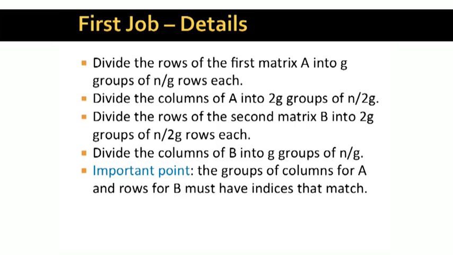The groups of columns of A must each have a set of indices that is the same set as the set of indices for some group of rows of B. That condition will be satisfied if we do the obvious partitioning into groups: put the first N over 2G columns of A into the first group, the next N over 2G columns into the second group, and so on. Then do the same thing with the rows of B. I'll also assume we do the obvious partition for the rows of A and the columns of B, but there we use groups of size N over G rather than size N over 2G.